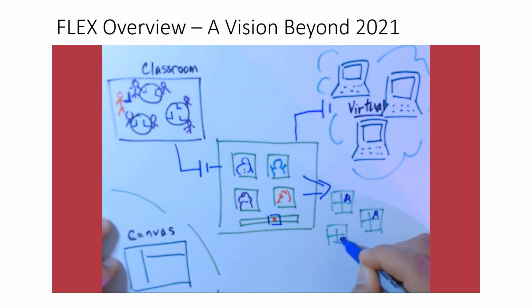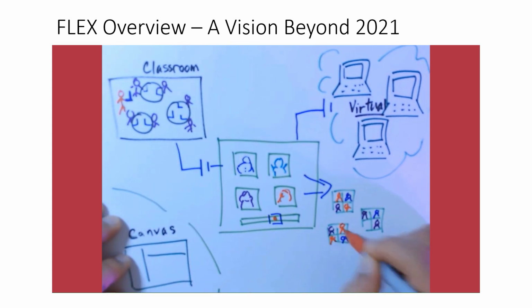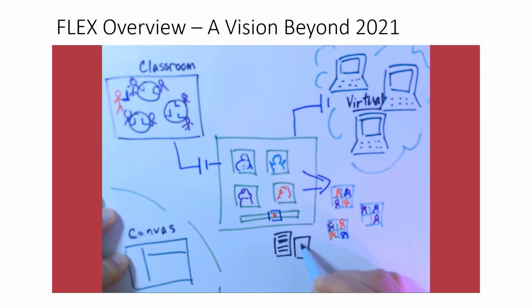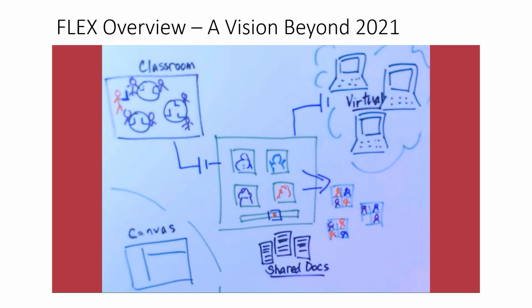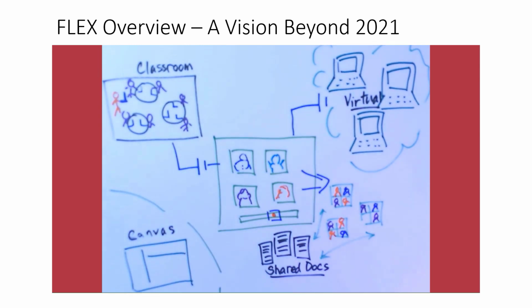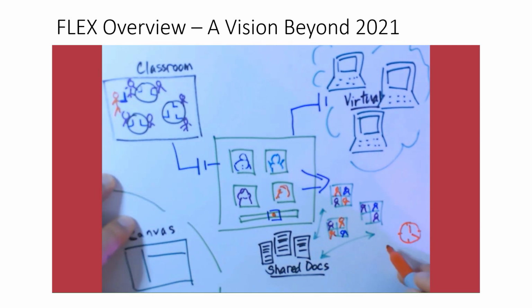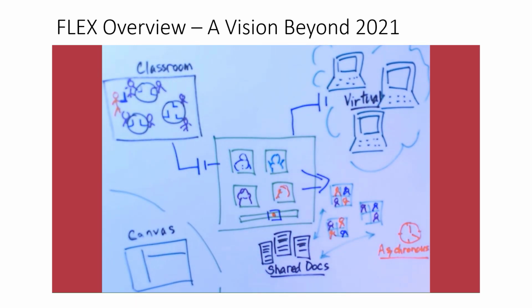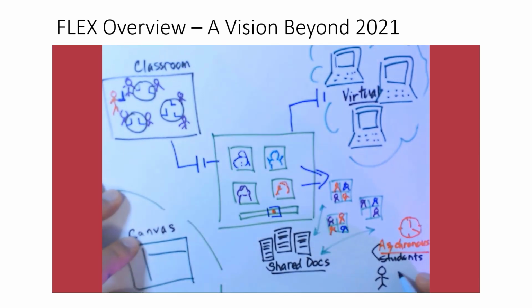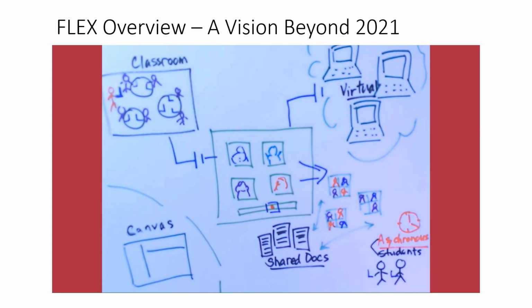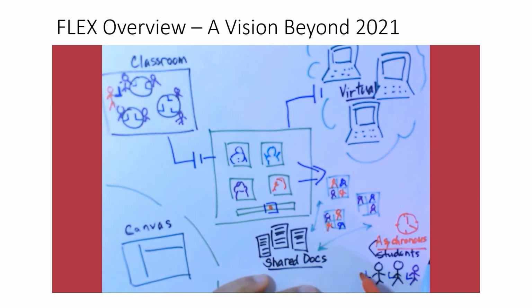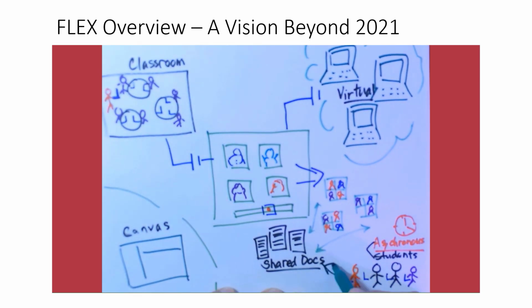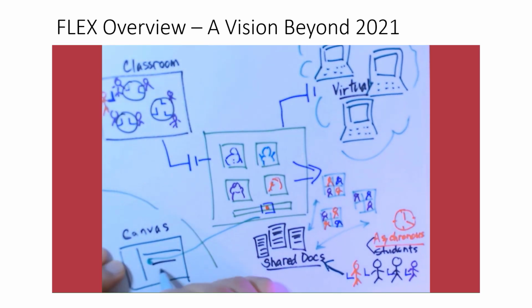And they may break into a breakout room where they access and share the documents or share the platform, such as Office 365. And then there are asynchronous students joining after. Of course, they will be watching the recorded video of the meeting, so they know exactly what happened, and they access the shared document.